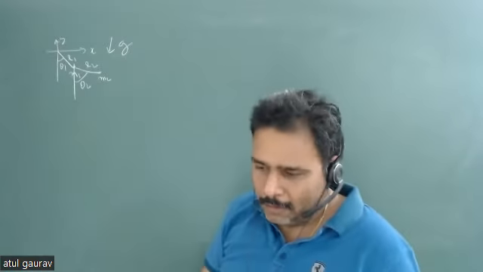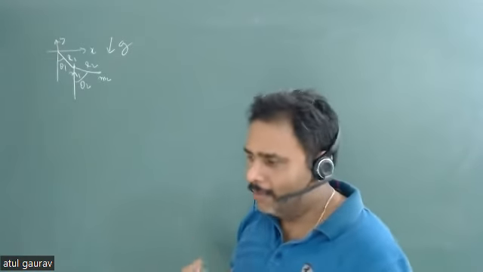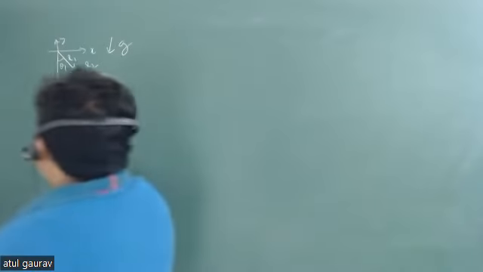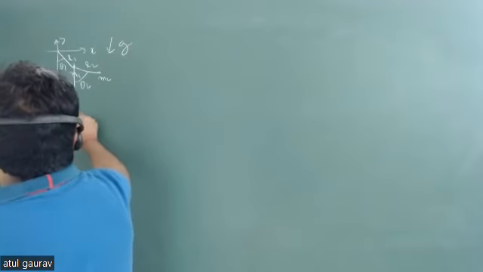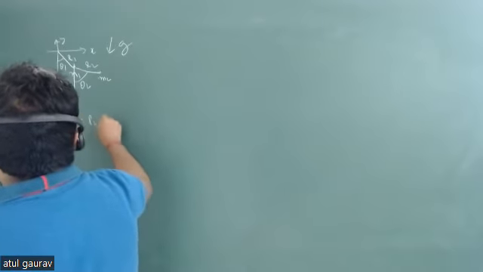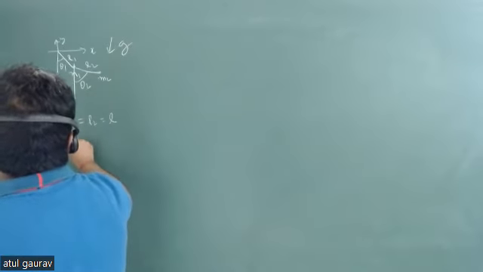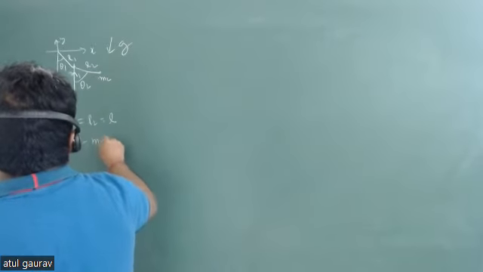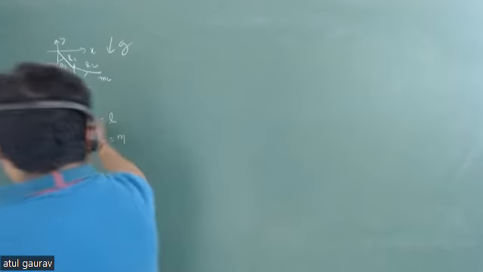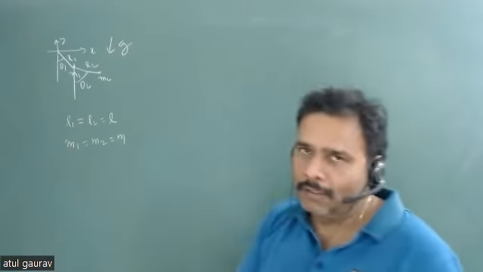But here for the nice calculation, I am just taking L1 is equal to L2 is equal to L, and M1 is equal to M2 is equal to M, such that we can easily do this calculation.